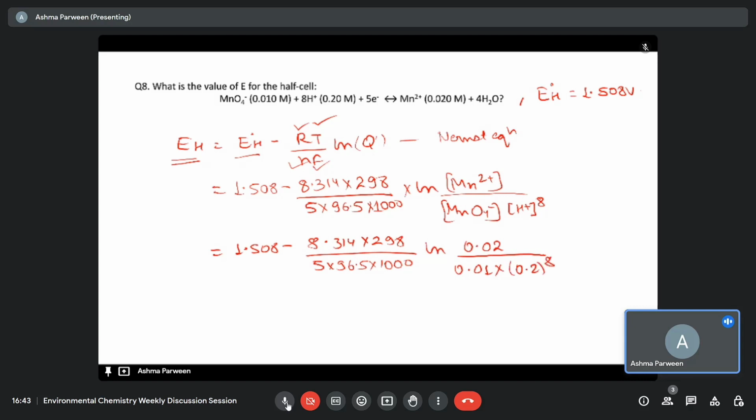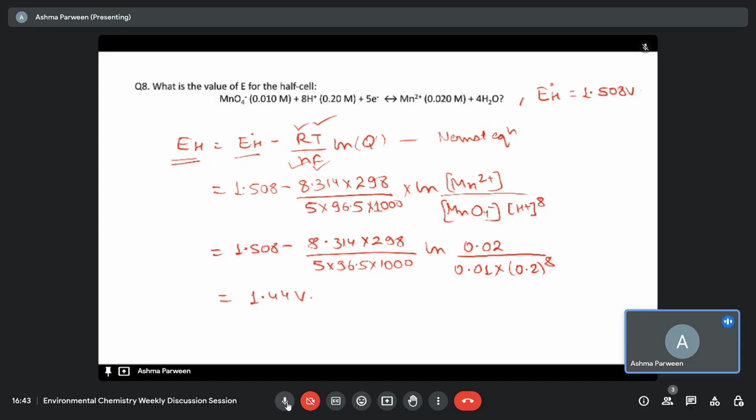Okay, this will be the final values, and after solving this, we will get the E for the half cell as 1.44 volts.